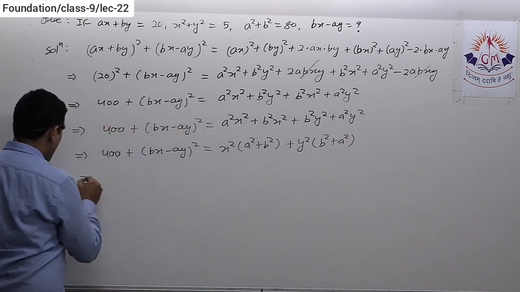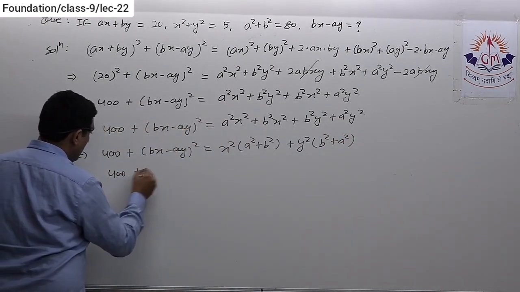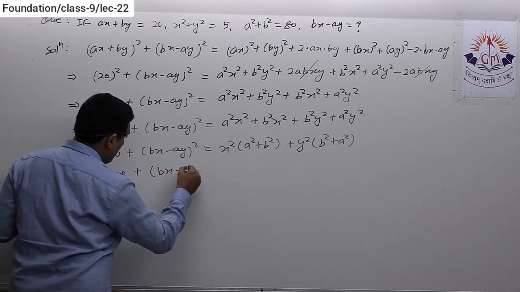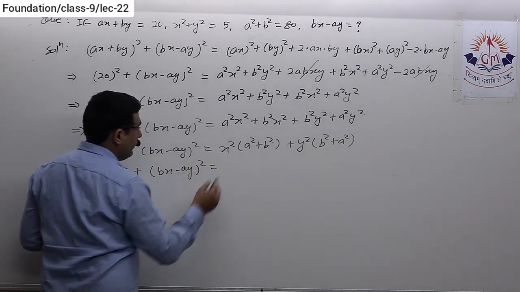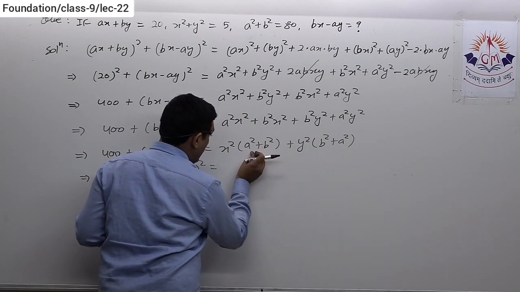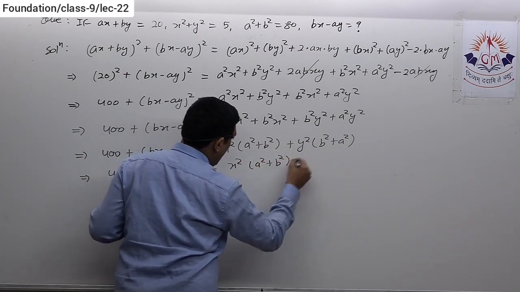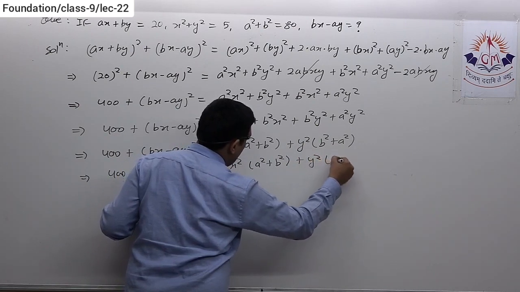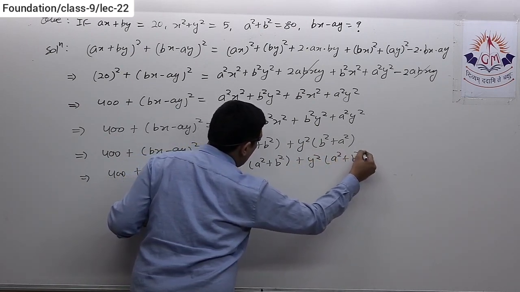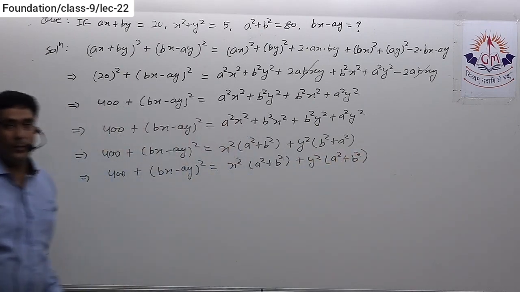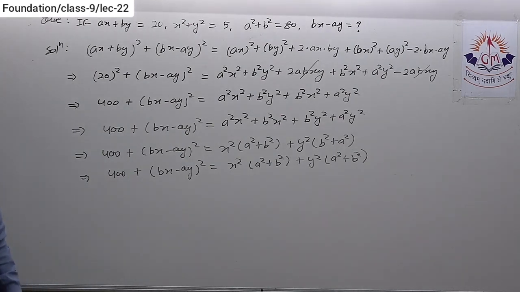Okay, so I hope the concept is clear to you. Simply now this is a square plus b square, and here again I have a square plus b square. So further I can take that a square plus b square common.